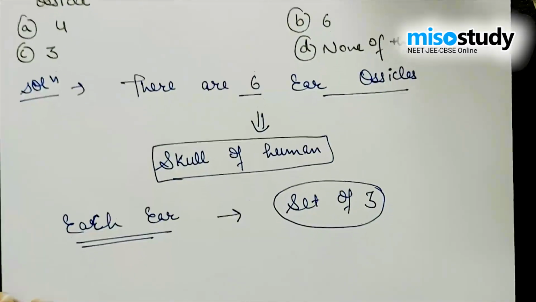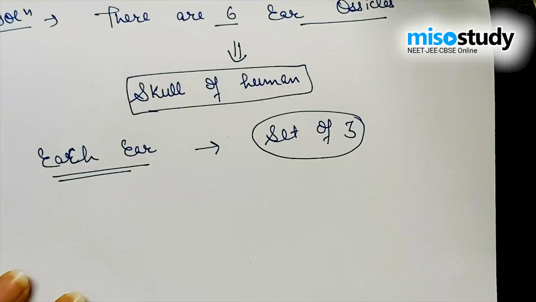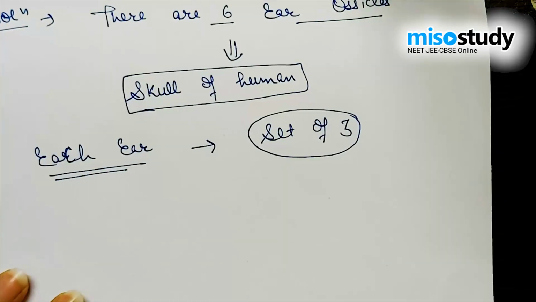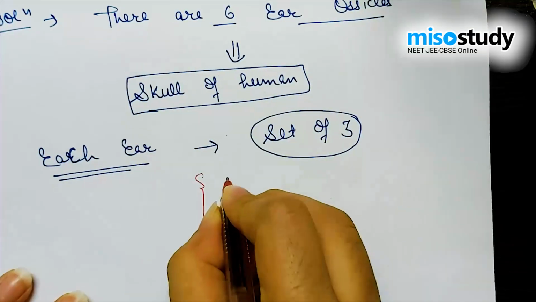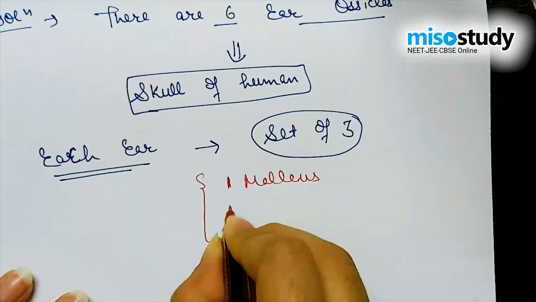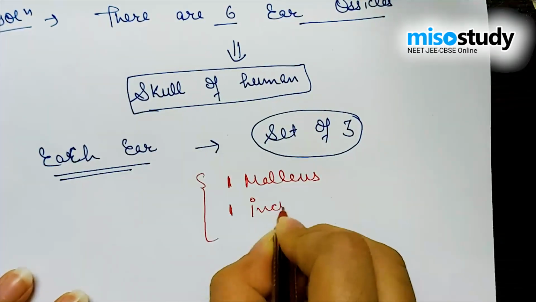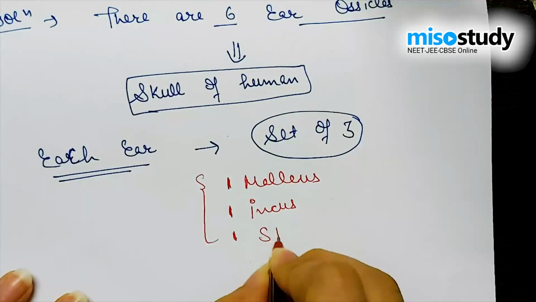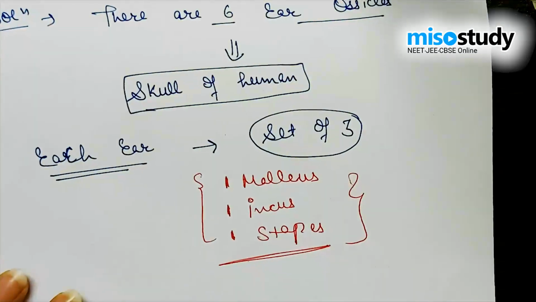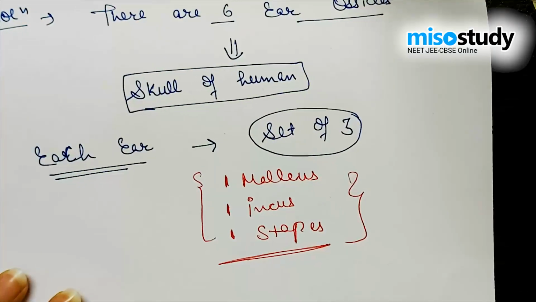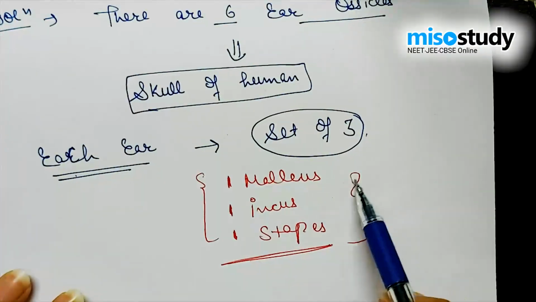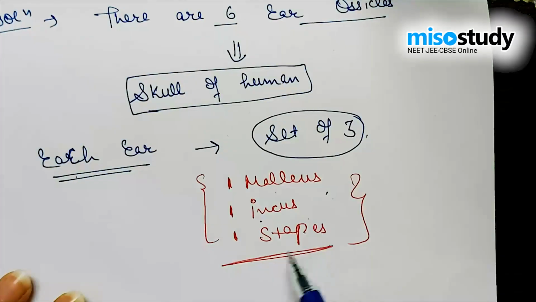That's why there is a presence of 6 ear ossicles. Out of 3 there is 1 malleus, 1 incus, and 1 stapes. So in human beings there are 2 ears, and in each ear there is a set of 3. Out of 3, 1 bone is malleus, 1 incus, and 1 stapes.